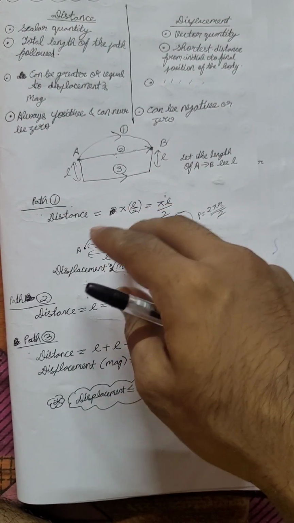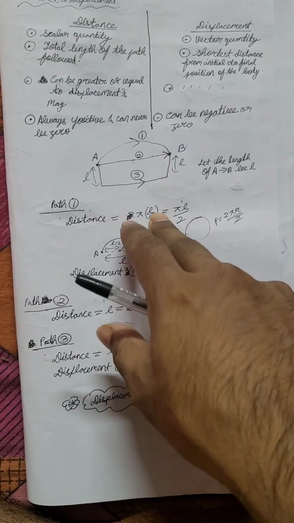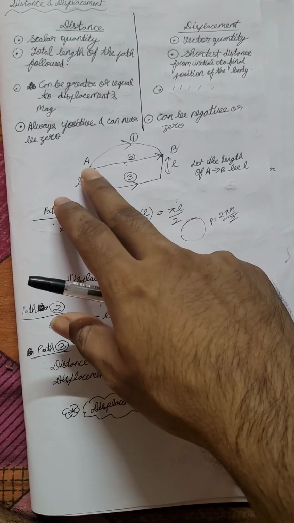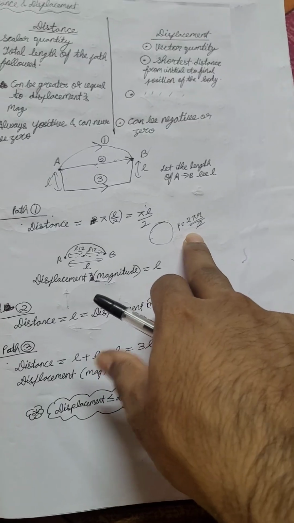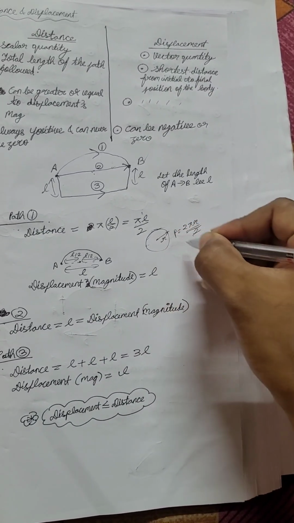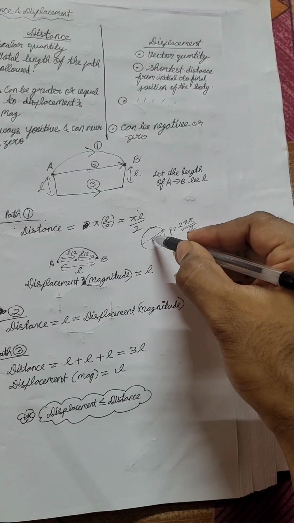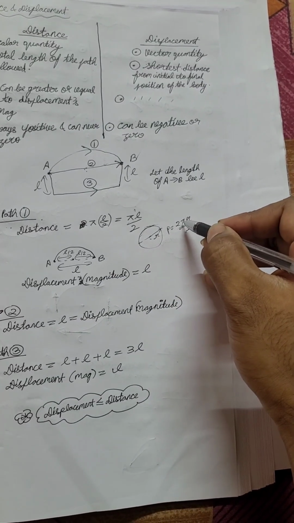So I am teaching it once again. See, the distance we are covering, understand from this. This is r. If this is 2r, then this is r. The total perimeter is 2 pi r.